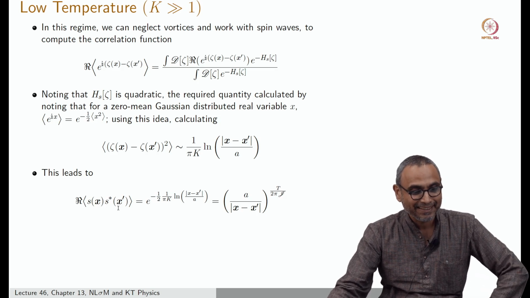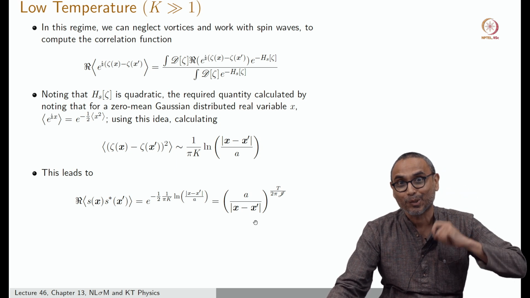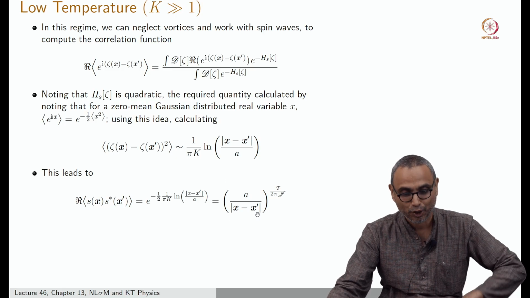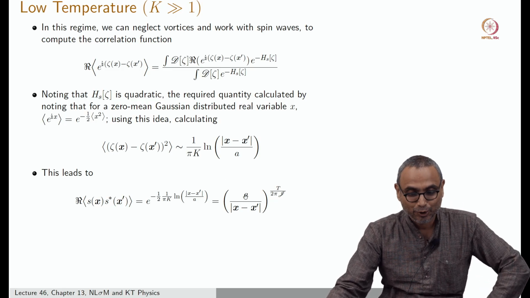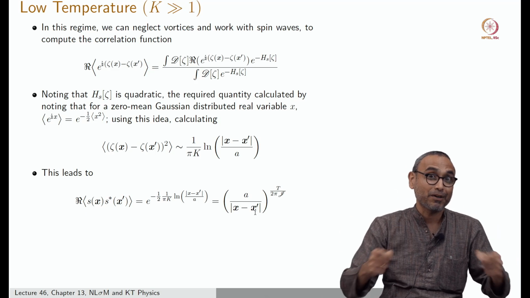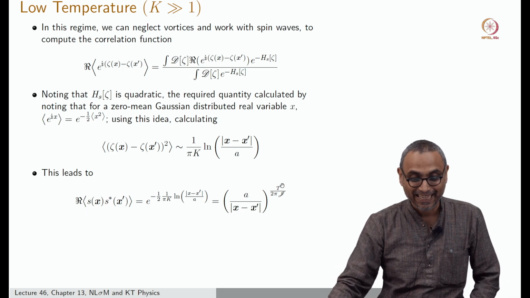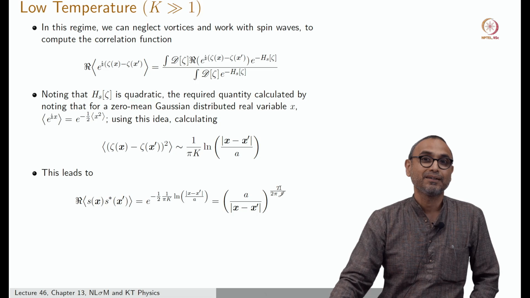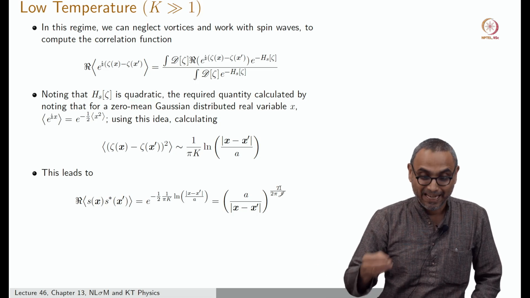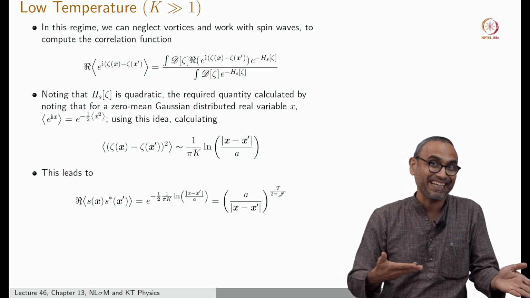You will see that things at 2 points are correlated as a power law. Just work out exponential of log will give you this power law. And so you will see that it's a divided by the distance of this. So you see that these are power law correlated. And what is more interesting is that the exponent of this power law is temperature dependent. And when t goes to 0, this is 0, which means that this will be 1, but that's exactly the broken symmetry state.